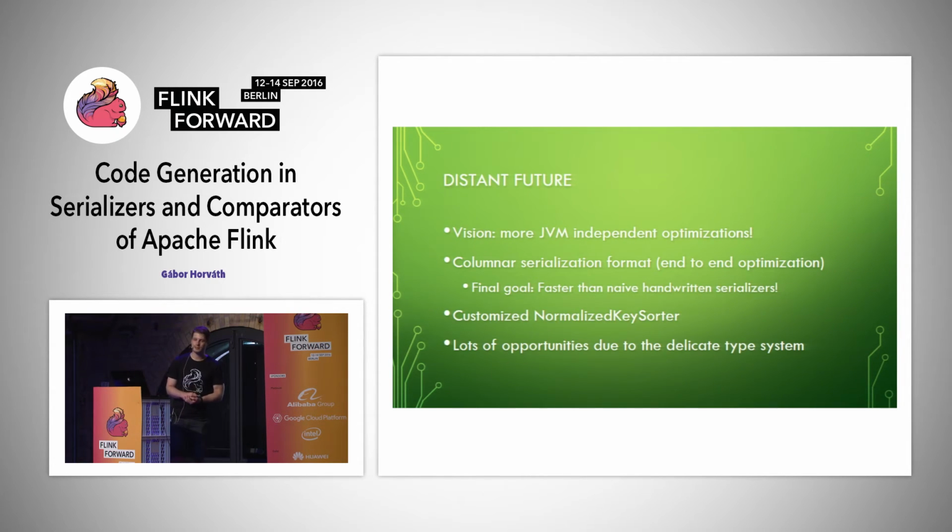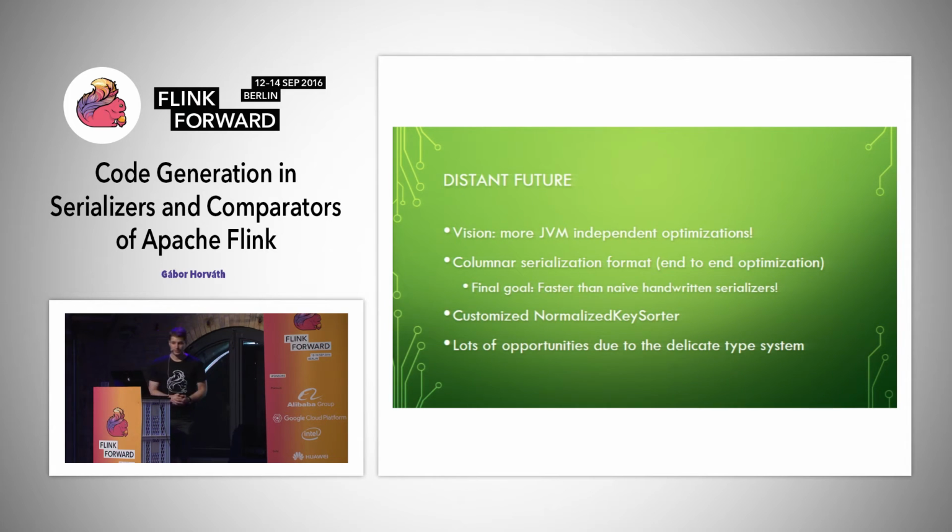Okay, so in the distant future, we will have more freedom to do much more crazy optimizations, because we no longer depend on the JVM, and we can also do crazy transformations to the serialization format. For example, we could have a columnar serialization format, and once we can do such transformations, the generated code might have better performance than the naive handwritten one.